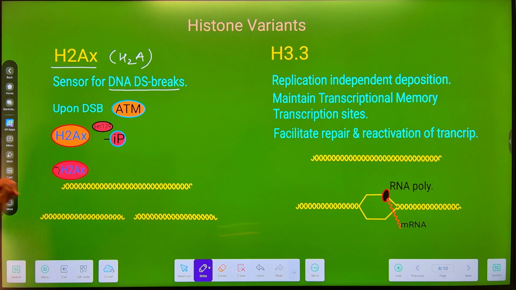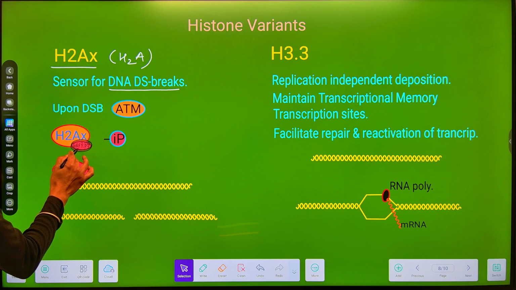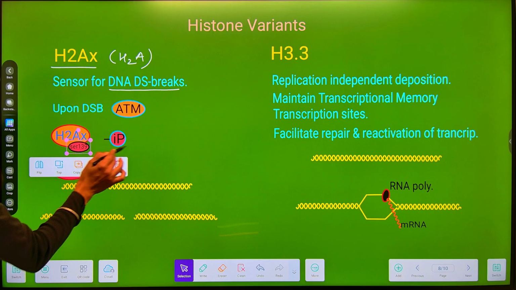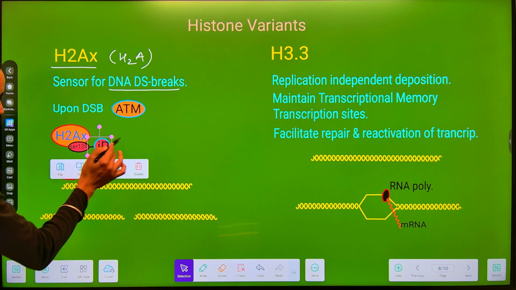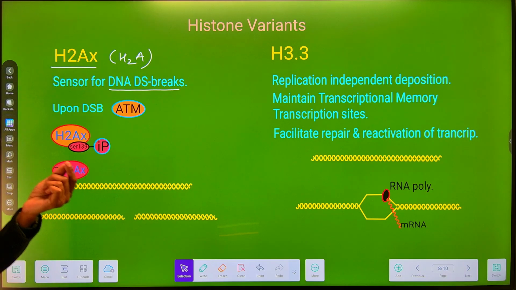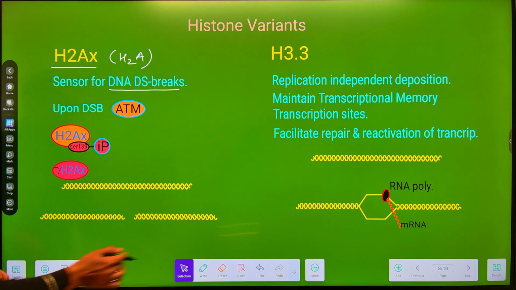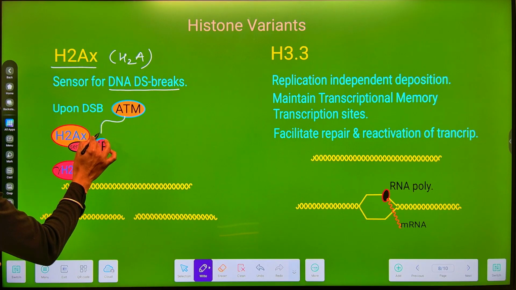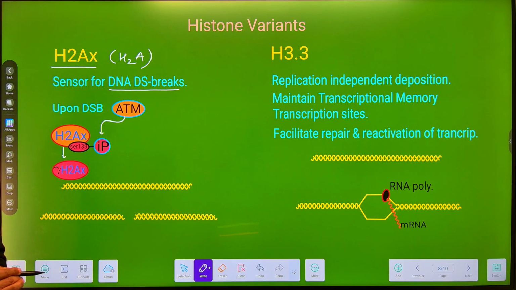These are generally the kinases which carry out the phosphorylation onto the serine 139 residue of this H2AX. On the serine amino acid of H2AX at the 139 position, who phosphorylates it? This ATM. And after phosphorylation, this H2AX is now known as gamma H2AX.